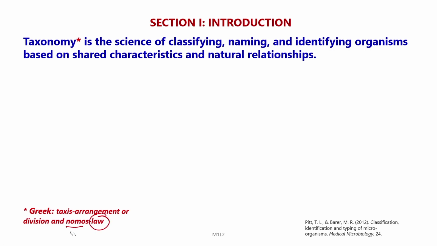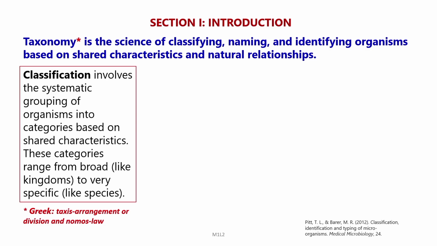So, here we have certain guidelines or law which determines how the various microorganisms or living organisms should be arranged systematically. Now, when we talk about taxonomy as a discipline, it has various aspects to it.